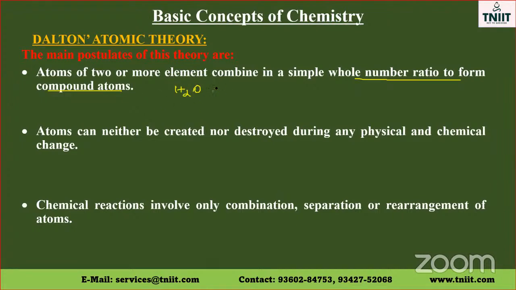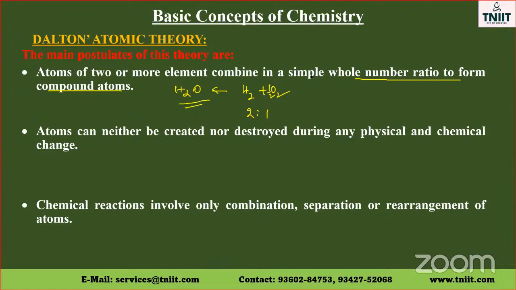Water is a combination of hydrogen and oxygen. We can write this as 2:1. So two hydrogen atoms combine with one oxygen atom to form water. That is what they say. Atoms of two or more elements combine in simple whole number ratio to form a compound.